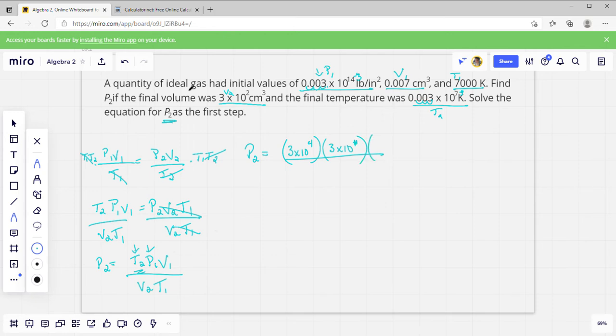Okay, and then the last one I need up here is volume 1. That's this one. That'd be 7 times 10, 1, 2, 3, to the negative 3. Alright, and then on the bottom I have V2 and T1. So my V2 is here. 3 times 10 squared.